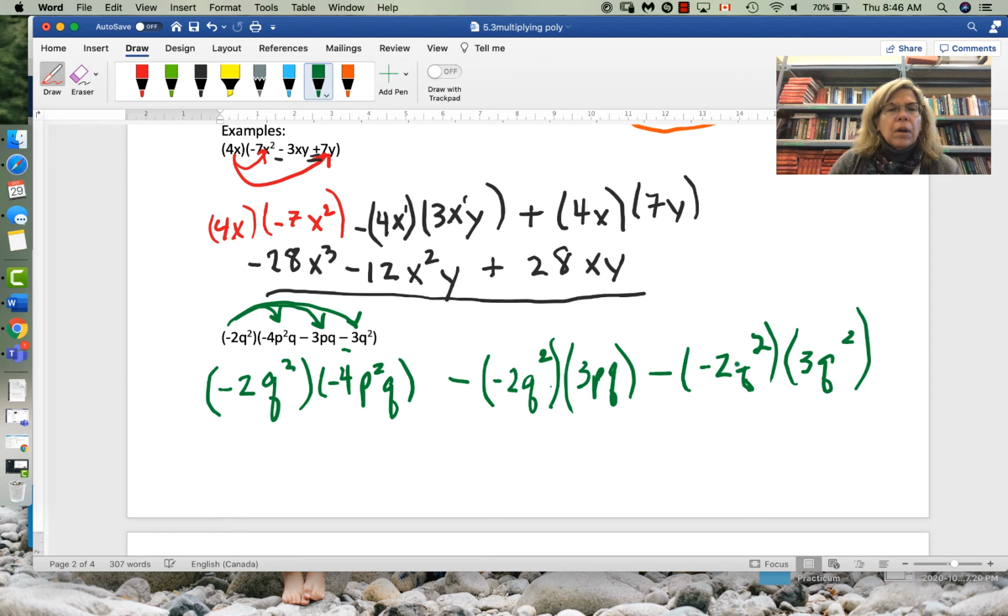Okay. So what do we have here? We have minus 2 times minus 4, which is 8. We have p squared. We have q squared times q, which is q cubed.